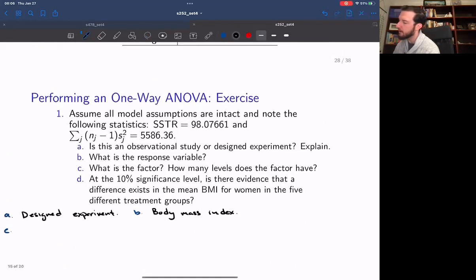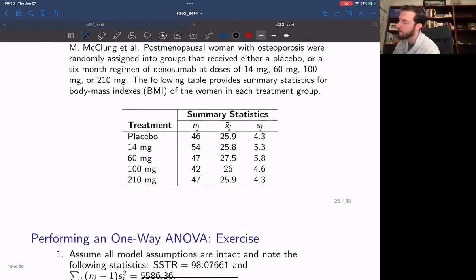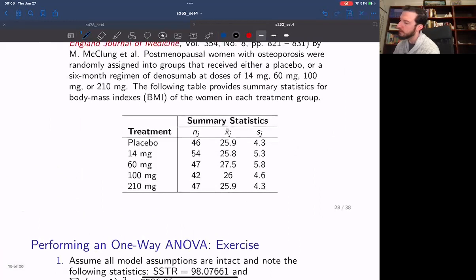What is the factor? How many levels does the factor have? Okay, so the factor is the dosage level of the denosumab.